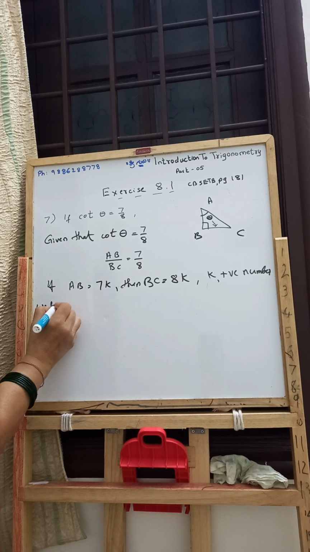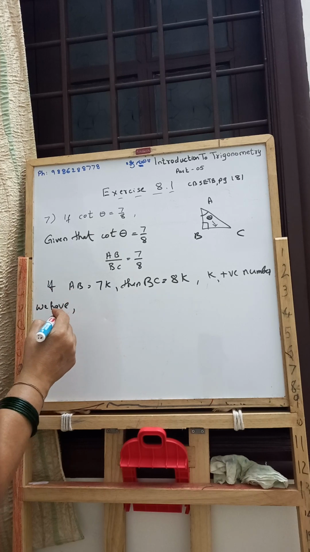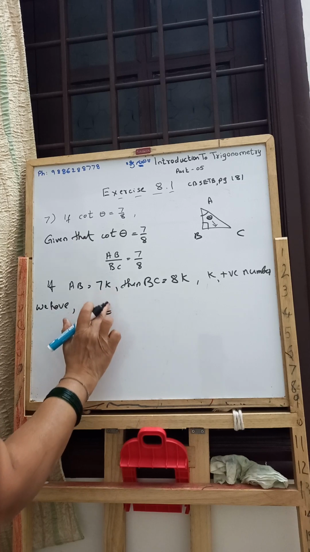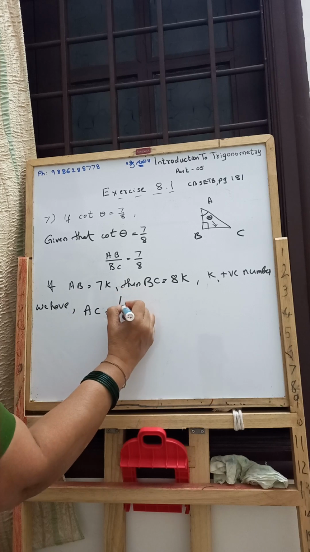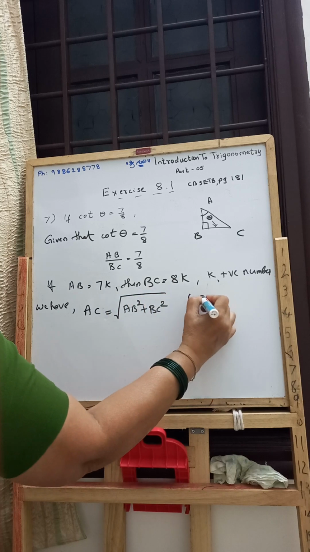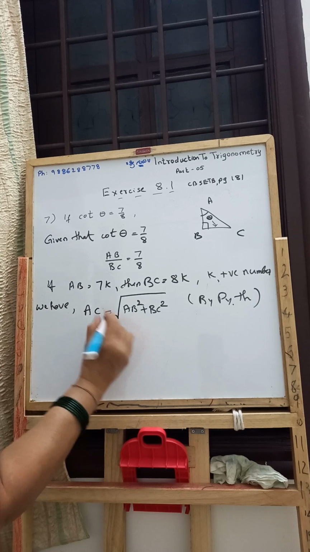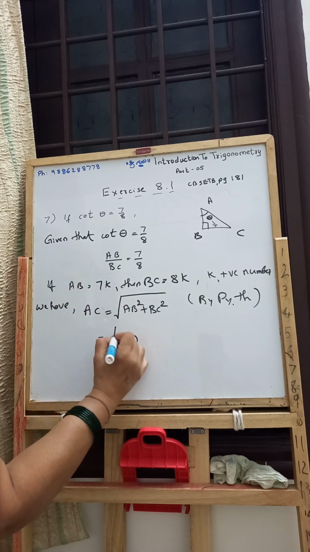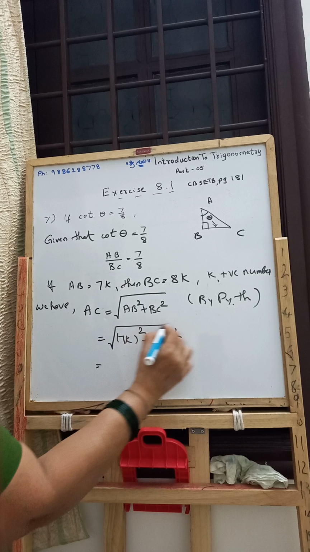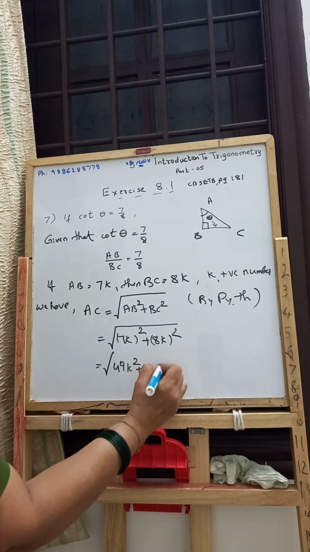We have AC is equal to square root of AB square plus BC square by Pythagoras theorem. This is equal to square root of AB is 7K bracket square plus BC is 8K bracket square. This is equal to square root of 49K square plus 64K square.